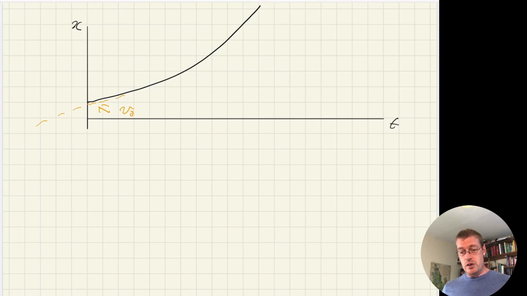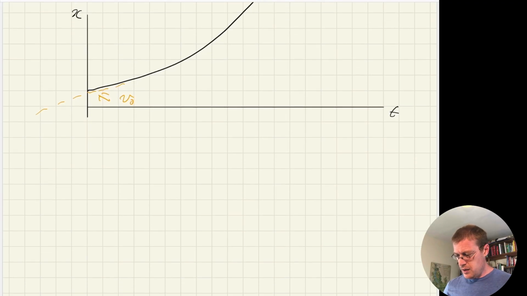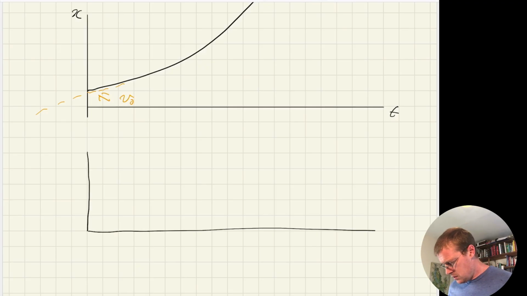So this is the picture for the case when v0 is greater than 0. If I instead had v0 less than 0, I would get something that would look like this.